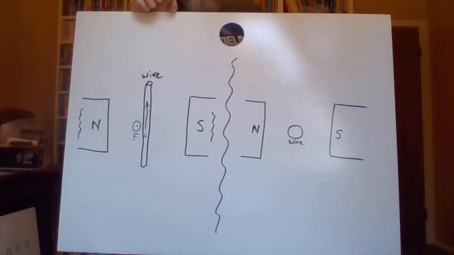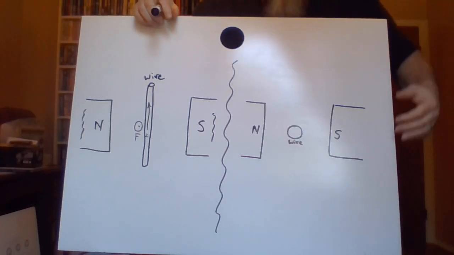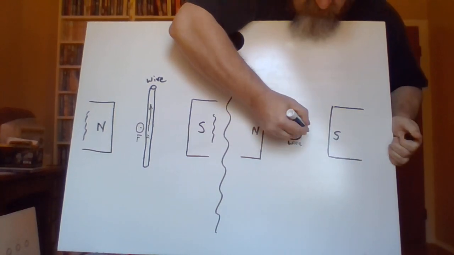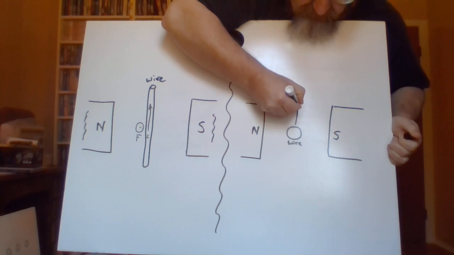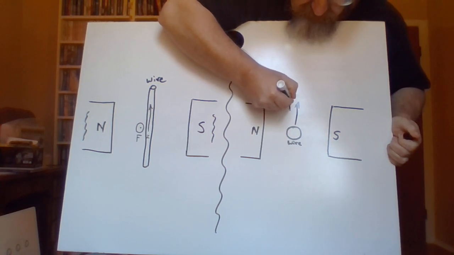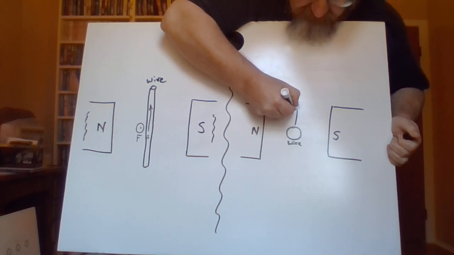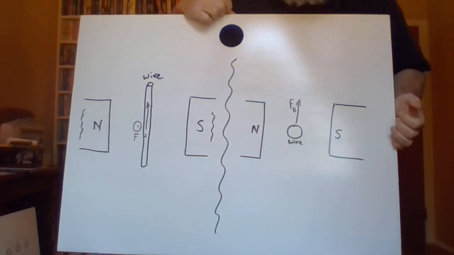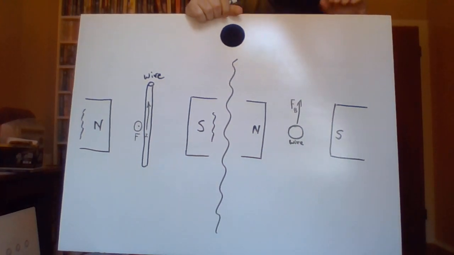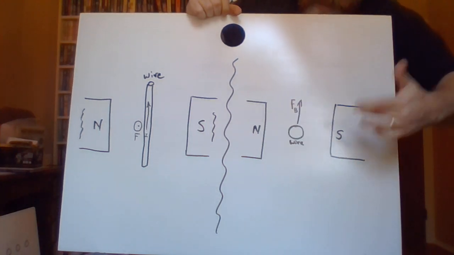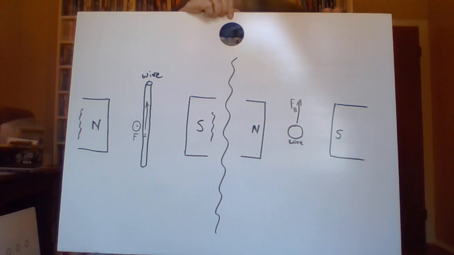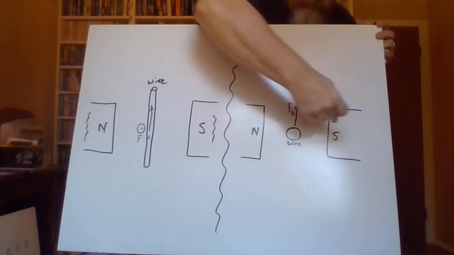Okay? Over here with this one, let's say that instead of knowing the current, we knew that this was the direction of the force acting on the wire. And we call it FB because it's the magnetic force. It's the force caused by this magnetic field acting on the wire. All right? So, again, north to south.